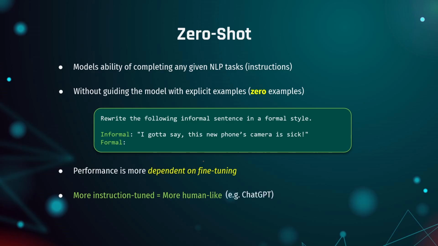Example will be ChatGPT. যখন you're interacting with ChatGPT, when you are prompting, do you provide ChatGPT with examples? You do not, right? You simply instruct ChatGPT and it responds to you as if it was a human, right?